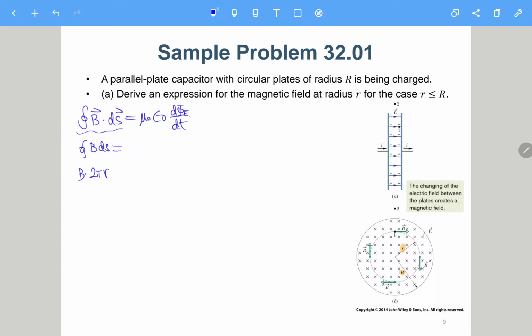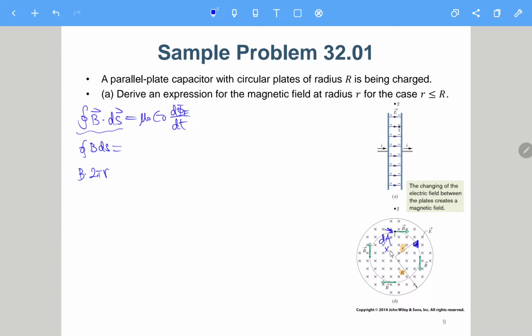And on the right side, we have E. E is increasing, and of course here we consider the E field is pointing into the page, so it is parallel to dA. dA is also pointing into the page because it is just a circle, and according to the right hand rule, the path is clockwise.